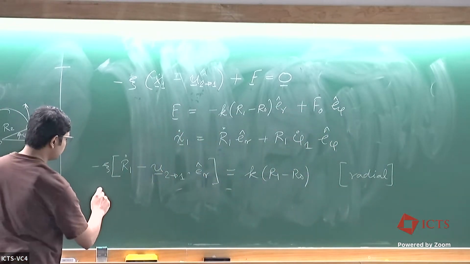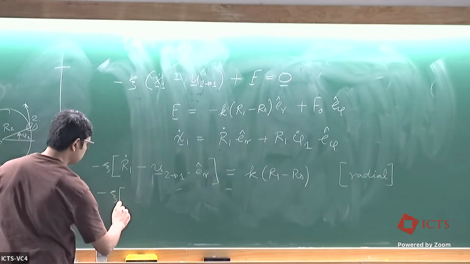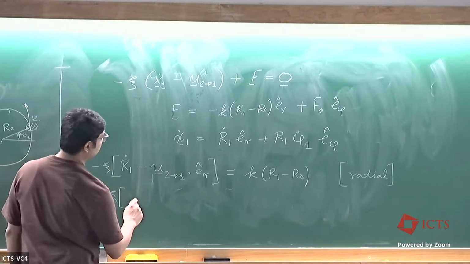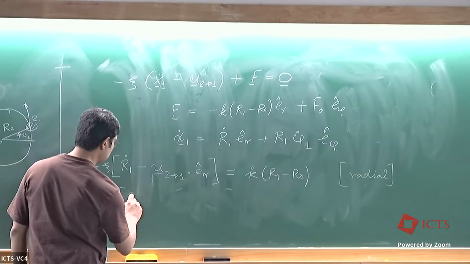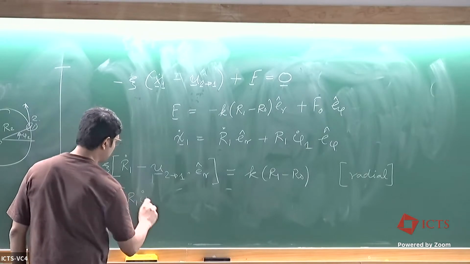I can also do this projection in the azimuthal direction, and that is R1 phi1 dot.